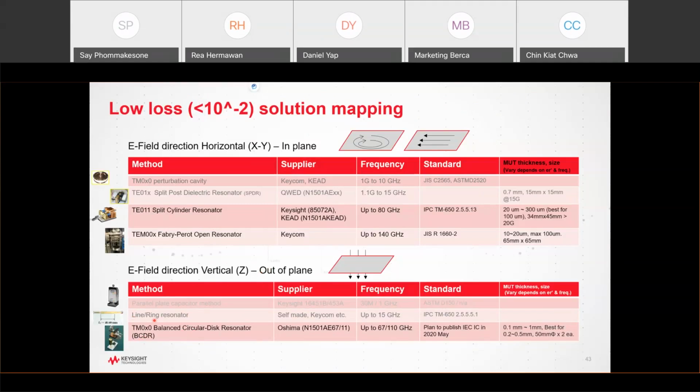The other methods here are only for the in plane method. And another method that I did not mention is this one here, the open resonator, which basically uses an open waveguide with a mirror to act like an open resonator, available from our solution partner Keycom.